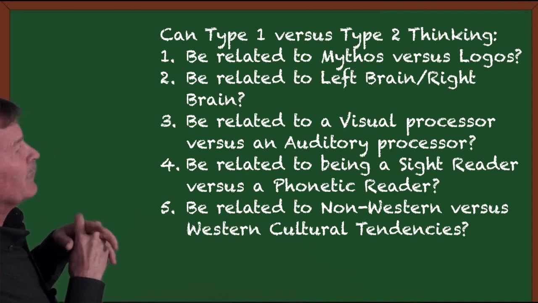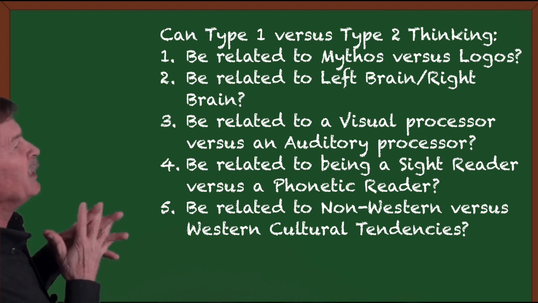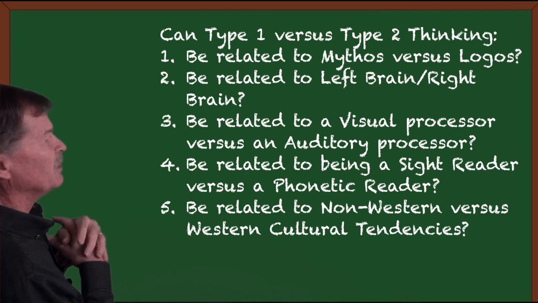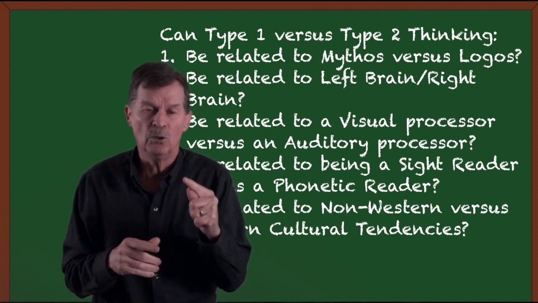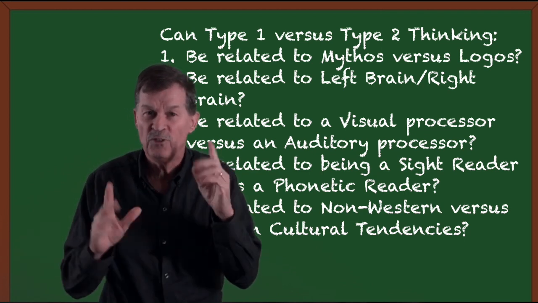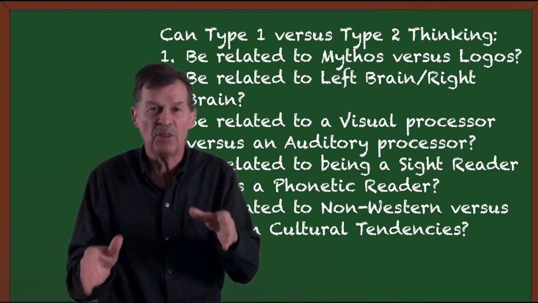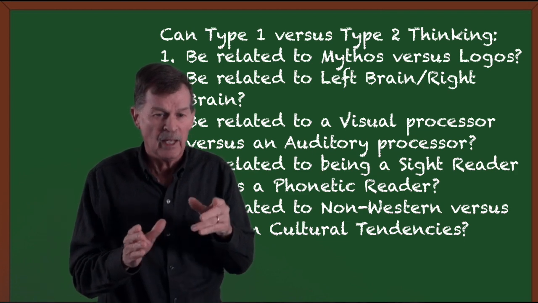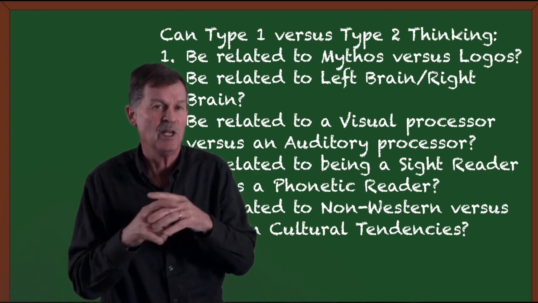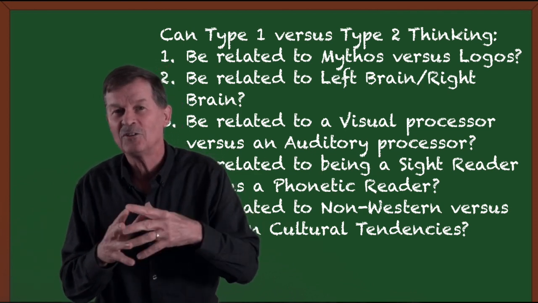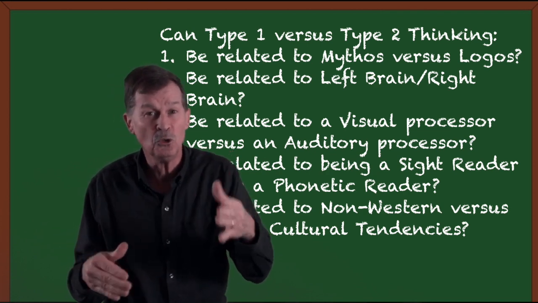Number 3, can type 1 versus type 2 thinking be related to a visual processor versus an auditory processor? In other words, if your dominant mode of processing is visual, does that mean your dominant mode of system thinking is probably system 1? And if your dominant mode is auditory processing, then probably it is not your dominant mode of system thinking type 2.